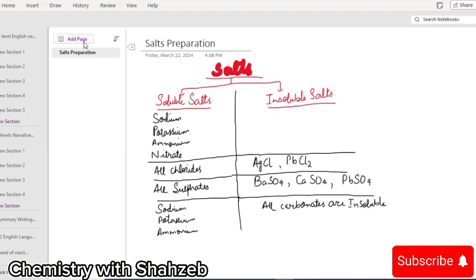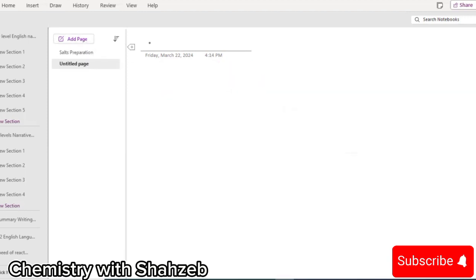Okay. Let's move further to the next topic, and that is preparation of salts. First of all, we know that there are two types of salts: soluble salts and insoluble salts.